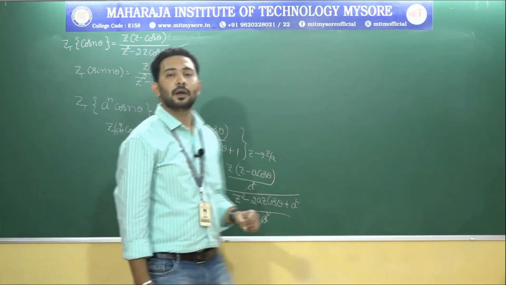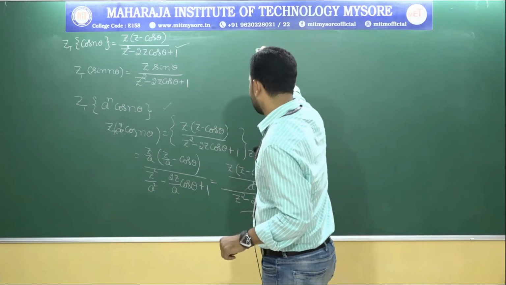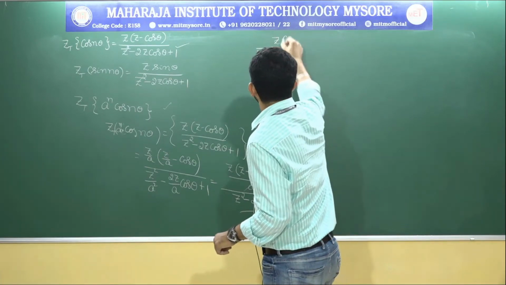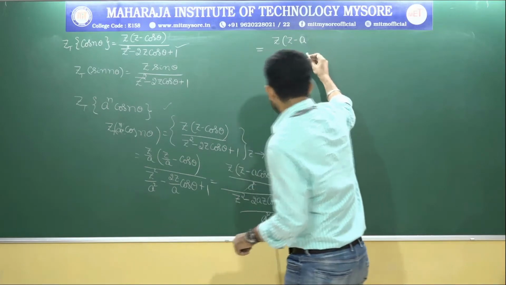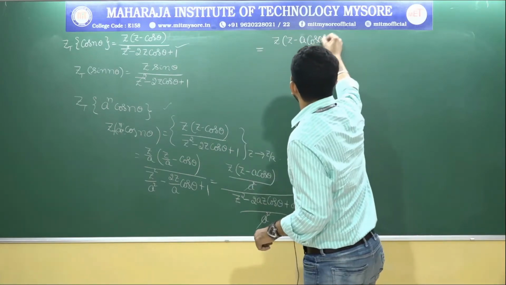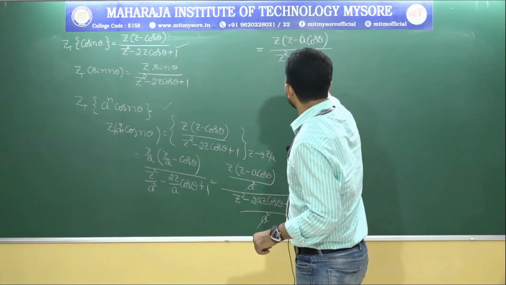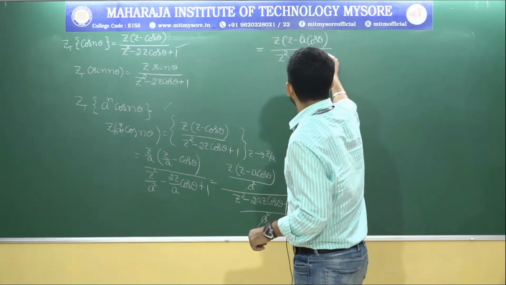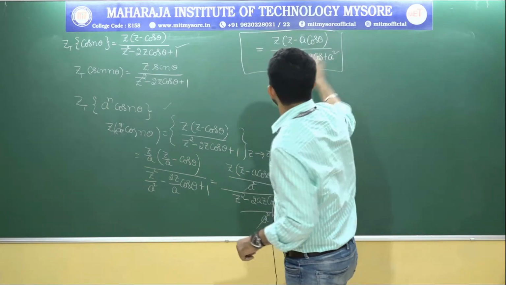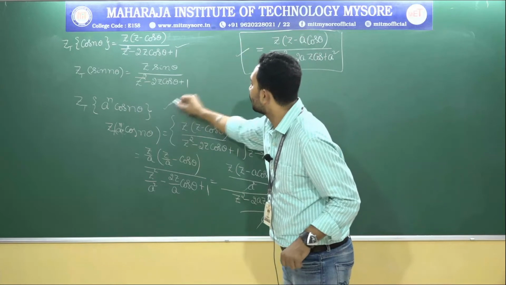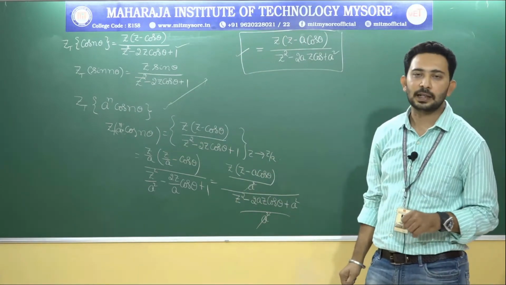So the z transformation of a power n into cos n theta is z into z minus a cos theta divided by z square minus 2az cos theta plus a square. This is the z transformation of a power n cos n theta.